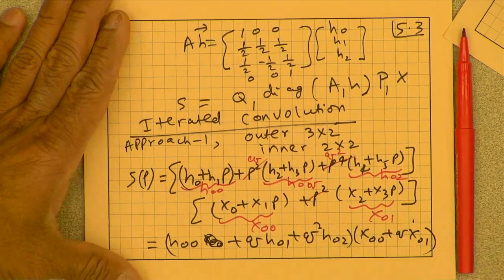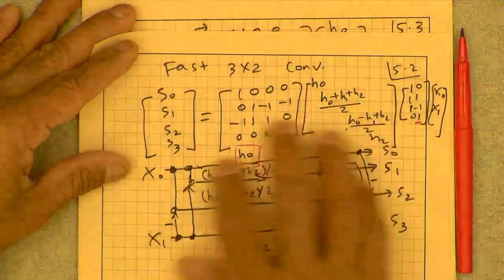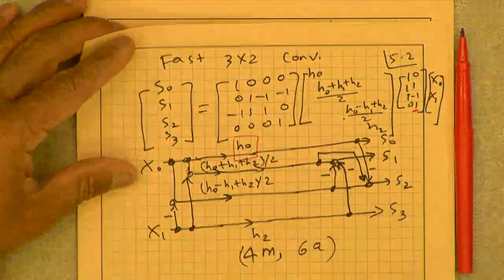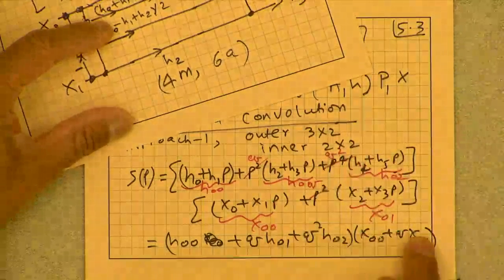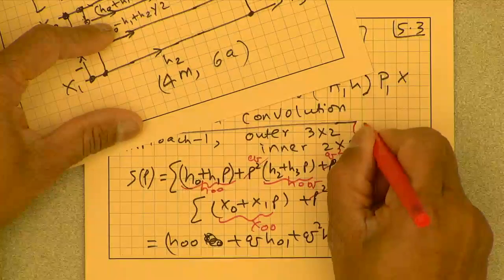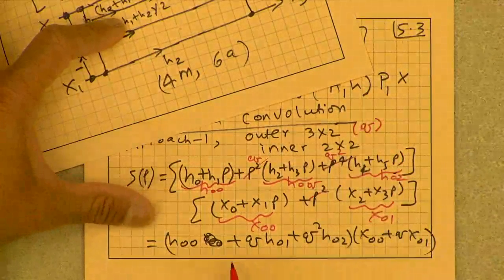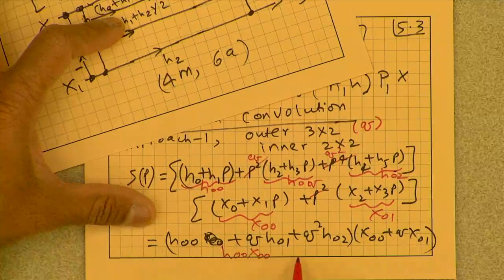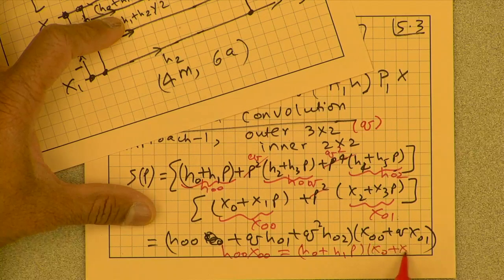That is exactly what we were computing in the 3 by 2 convolution; I didn't write that down, but that's exactly what we computed here. So the outer convolution is a 3 by 2 convolution with respect to Q, where each individual term, for example H00 X00, is H0 plus H1P times X0 plus X1P.